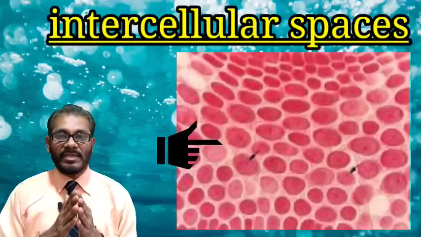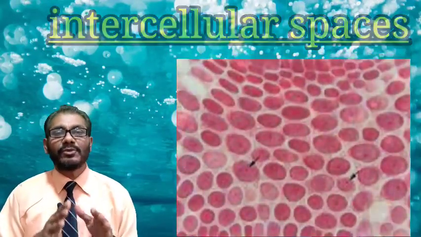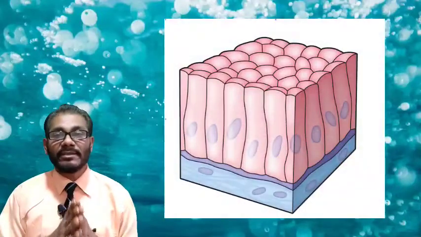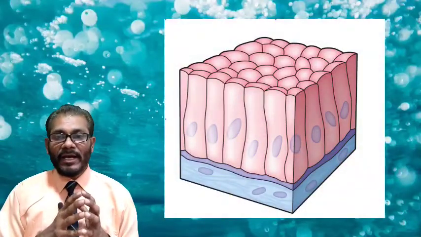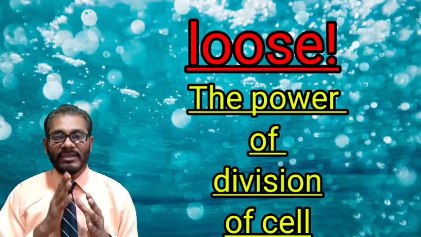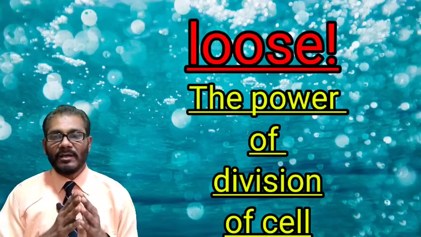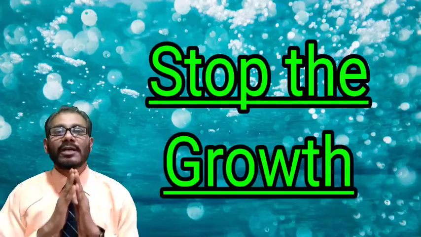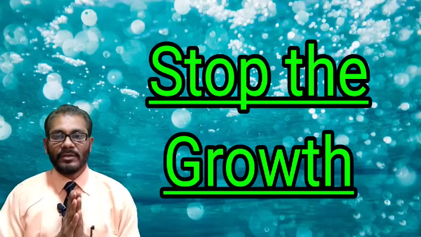They have intercellular spaces sometimes, or they may not have intercellular spaces. They lose the power of division of the cell, and they do not grow later, यानी उसके बाद उसका growth रुक जाता है. So these are the characters of permanent tissue.